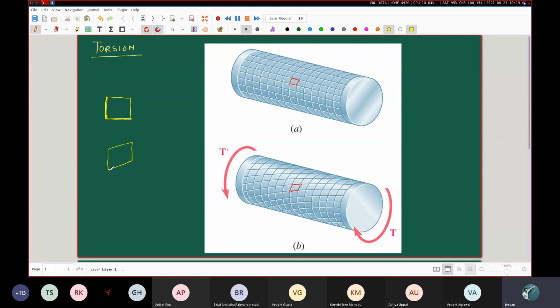But still there is no problem, because our definition of the shear strain is very general. We only said that the difference in the angle will give us the shear strain. So here also we have a change in the angle from the original 90 degrees. So when you have this kind of thing arising, definitely you have shear strain.